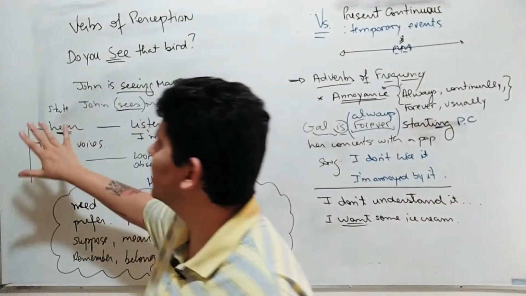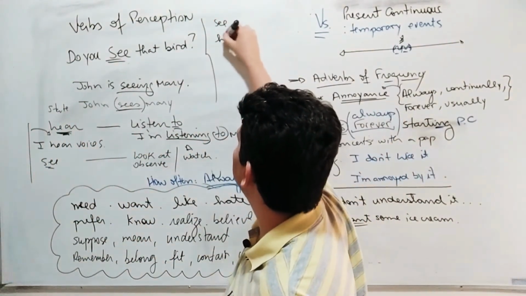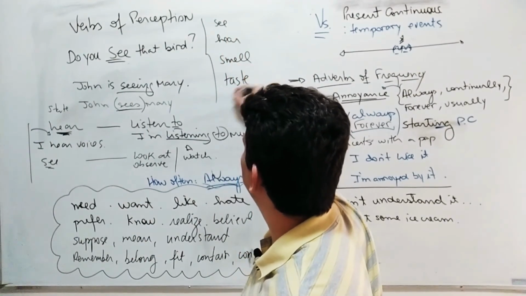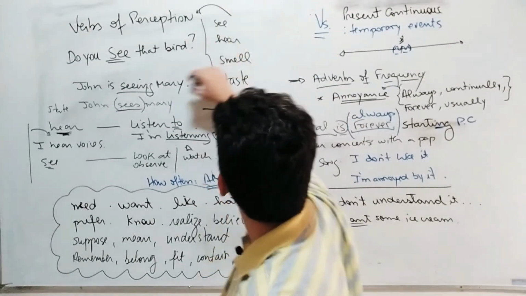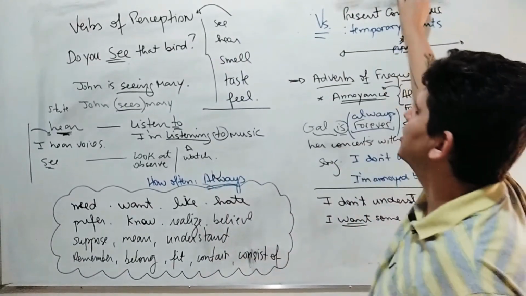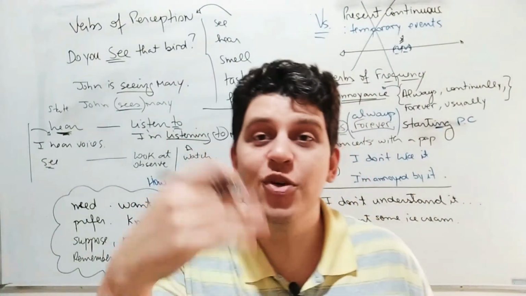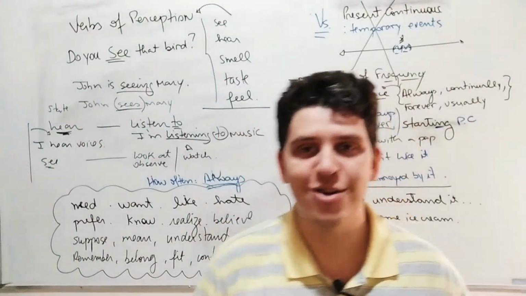But these verbs here, they are states. Verbs of perception, see, hear, smell, taste, feel. We don't use them as verbs of perception in the present continuous. No, we don't. We only use them in the present simple. Okay? If you want to use the present continuous, change the verb into something else.